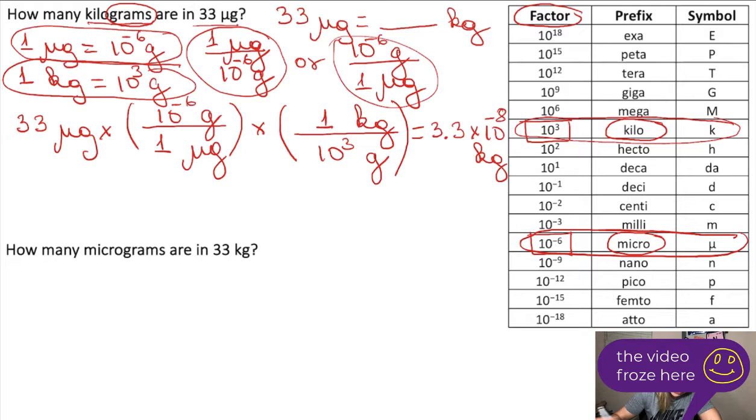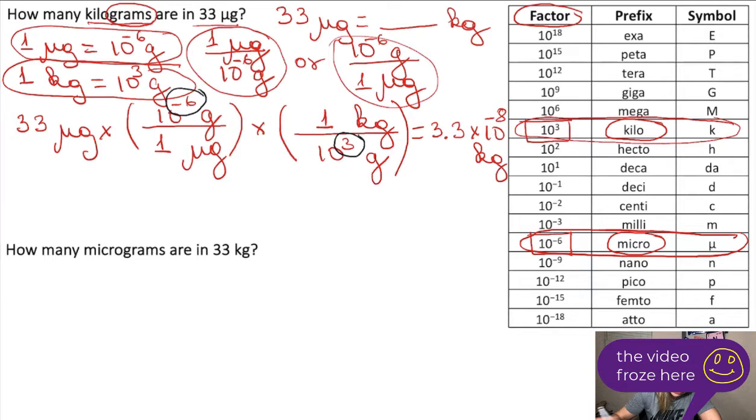Definitely. So, let's take a look at the exponents. Here we have 10 to the minus 6th, and here we have 10 to the third. So we are dividing 10 to the minus 6 by 10 to the third.